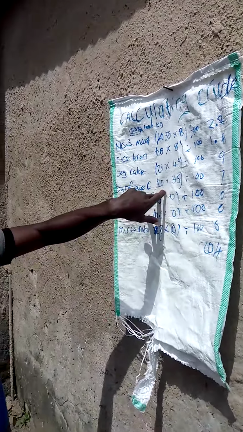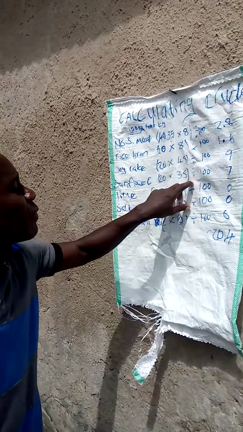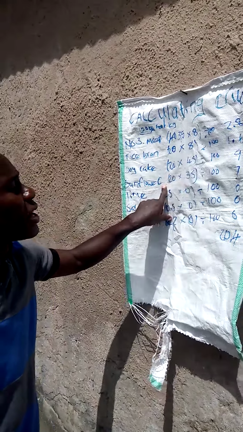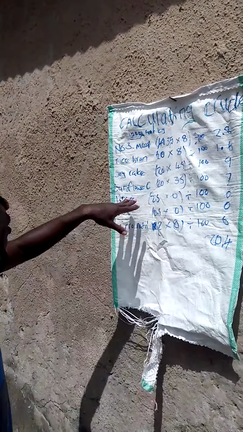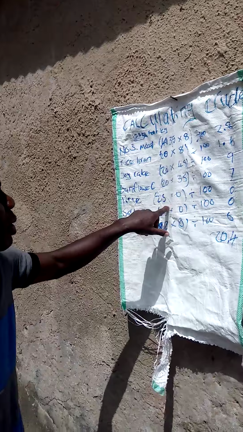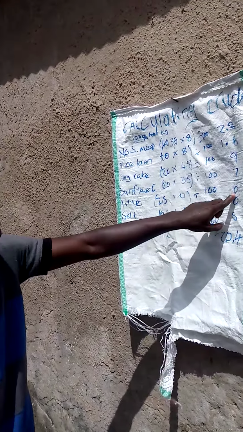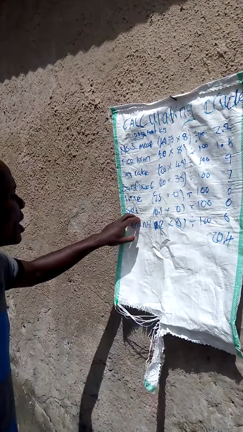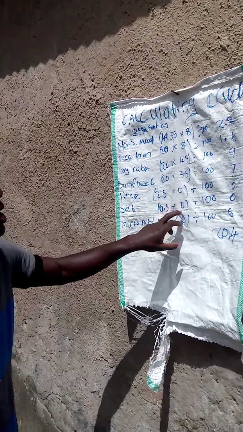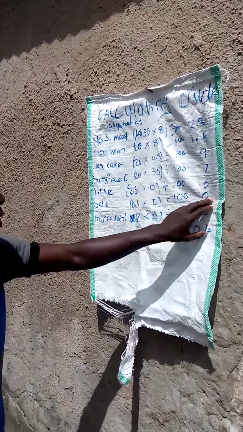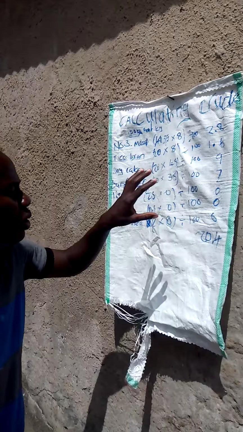Then sunflower cake, when we multiplied 20 kgs by 35, which is the percent of crude protein in sunflower, and divided by 100, it gave us 7. Then when we multiplied lime 2.5 by 0 and divided by 100, it gave us 0. The same applies to salt, because 0.5 kg of salt times 0 divided by 100 still gives us 0. The same applies to the micronutrients, because they have 0% crude protein.